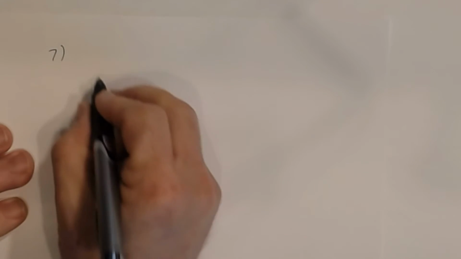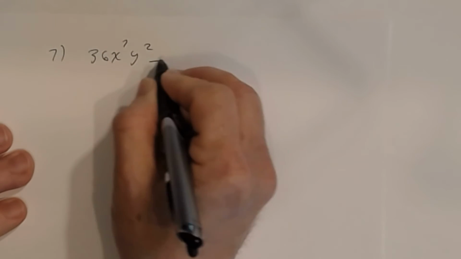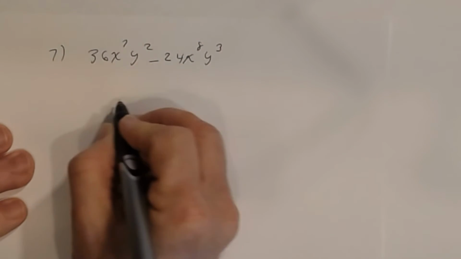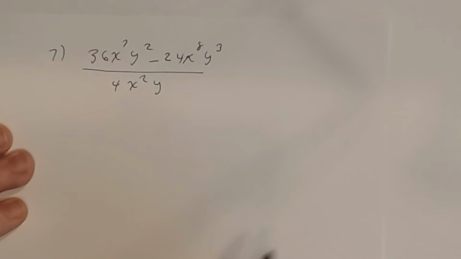All right, let's look at number 7. Let me do number 7 on another page. So here's number 7. You have 36 x to the 7th y squared minus 24 x to the 8th y cubed divided by 4 x squared y.